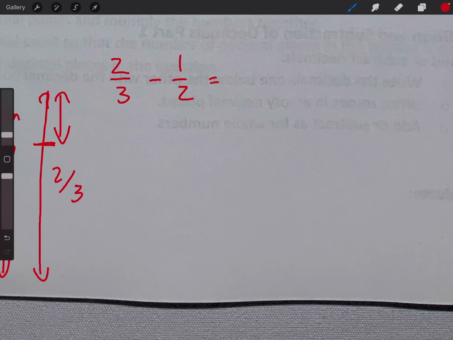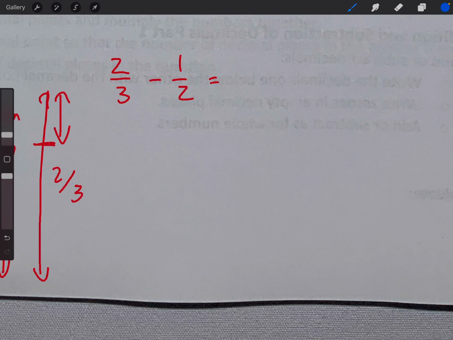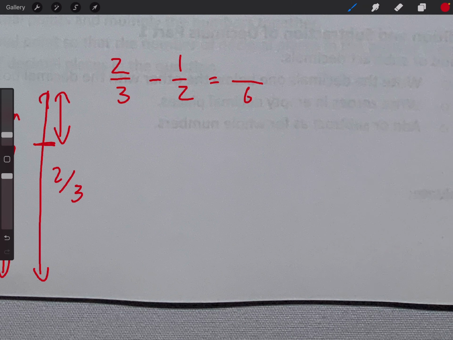Alright, so to subtract this, I need to make sure the bottom numbers are the same. So I'm going to make them both into 6. To make it into a 6, I must multiply this by 2, times this by 2, and times this by 3, times this by 3.